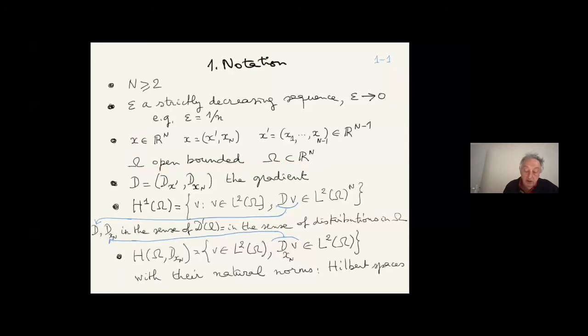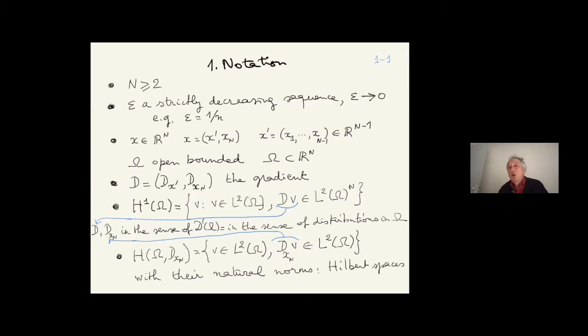D will denote the gradient. Again, it will be divided in 2 parts: the n-1 first partial derivatives, and the last vertical derivative.